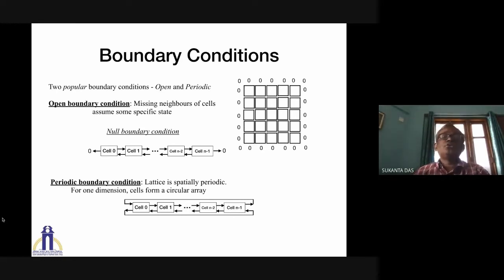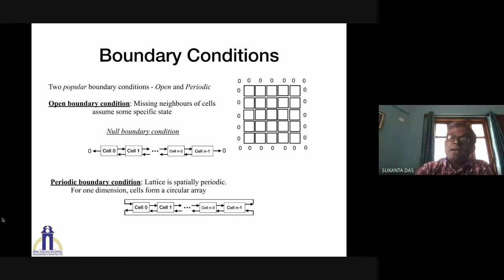In case of null boundary condition, what do you assume? The missing neighbors are in state 0, a special state. So in case of finite CAs, we have to specify some boundary condition.